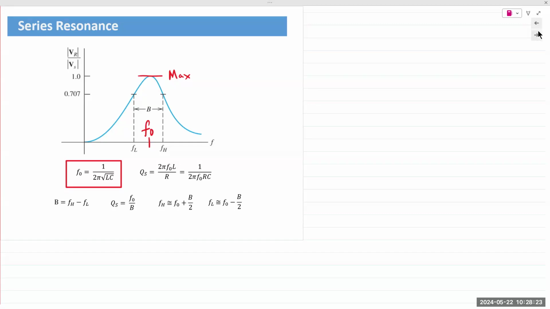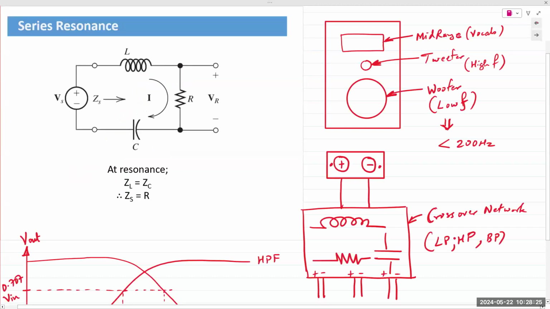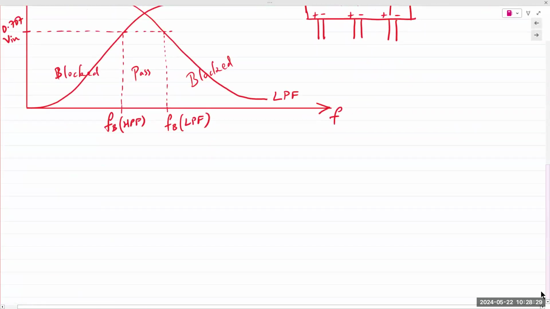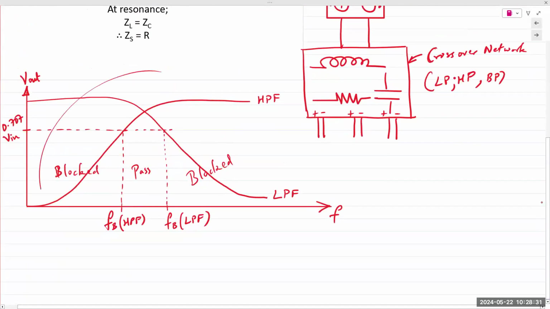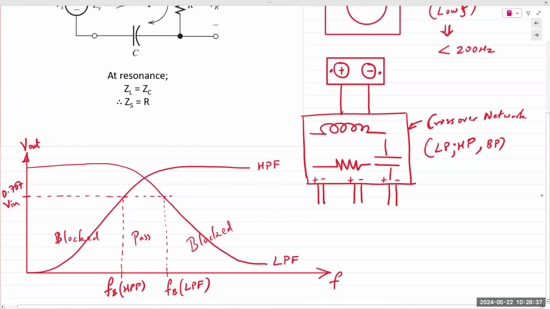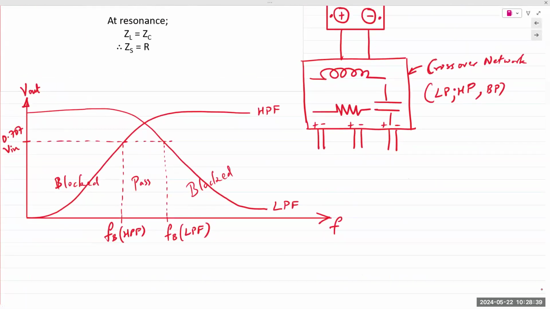So let's go back. Let me go back here. Remember, the characteristic I drew here is two individual filters, right? Two individual filters. So now we have the circuit.